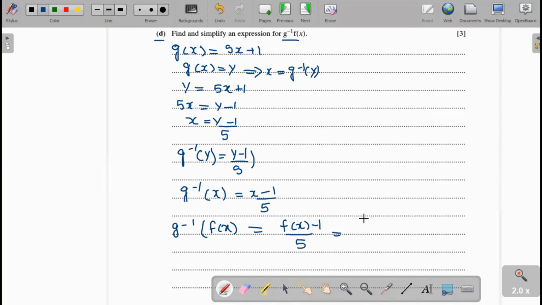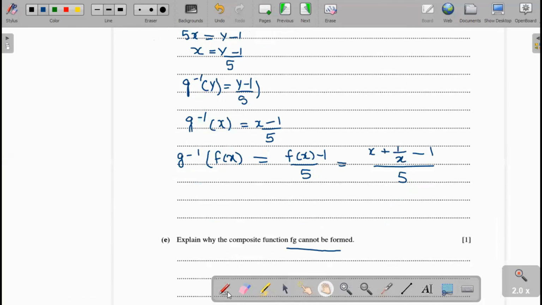Now, f of x is equal to x plus 1 over x, minus 1 over 5, and that value becomes x squared plus 1 minus x over 5x. And we arrange this expression: x squared minus x plus 1 over 5x is the answer.